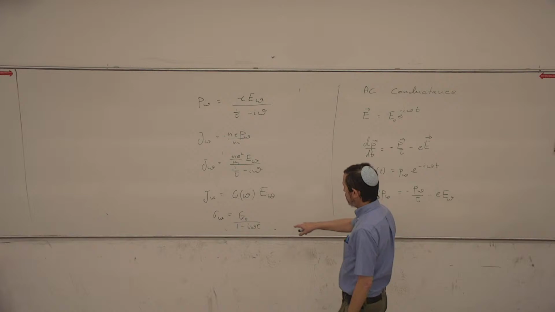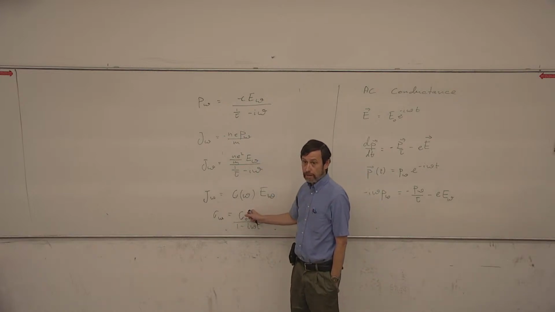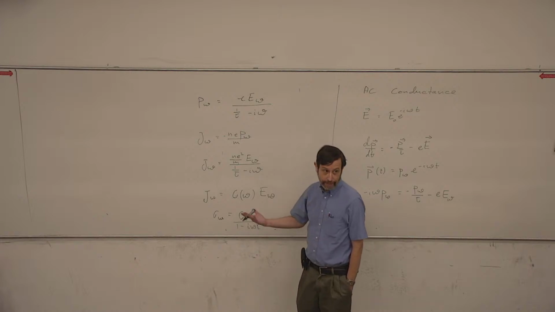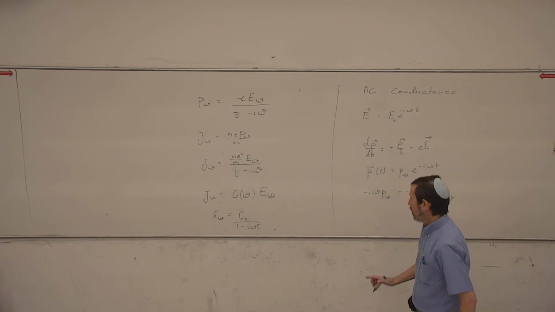Okay, so I basically get the DC conductance divided by 1 minus i omega tau, which is a very usual form, which we have seen in other problems of physics.